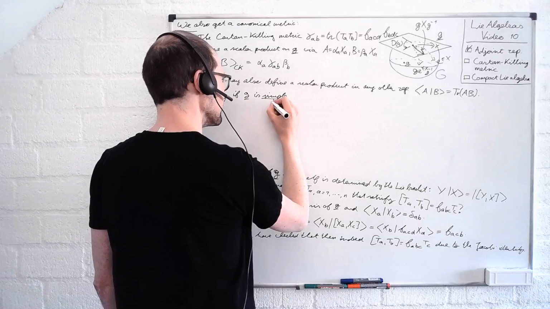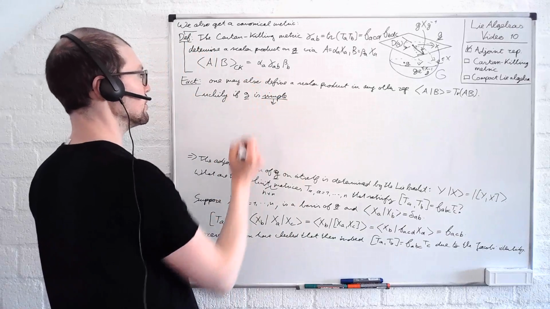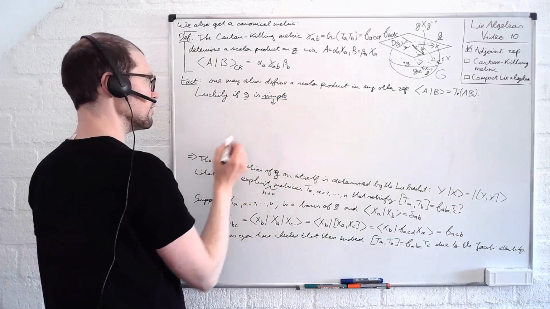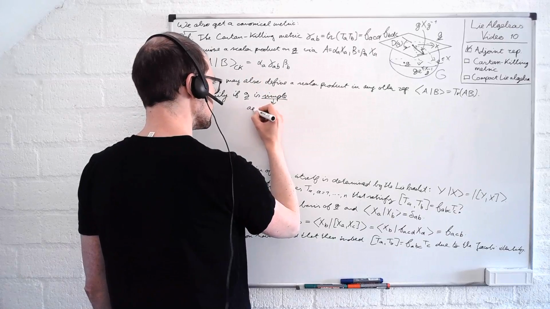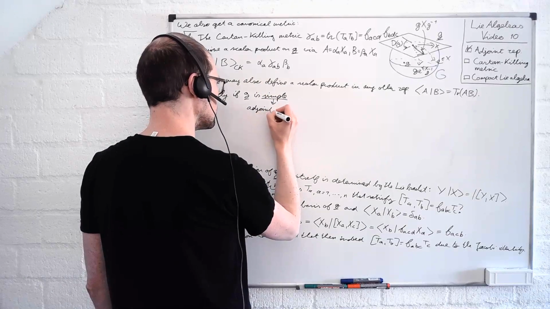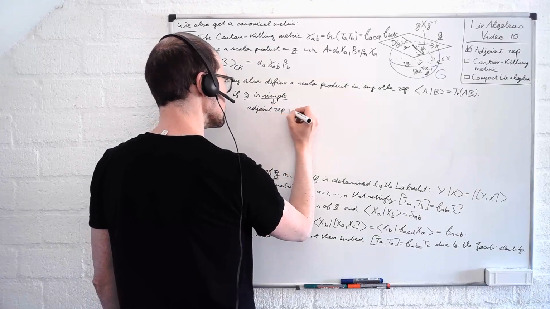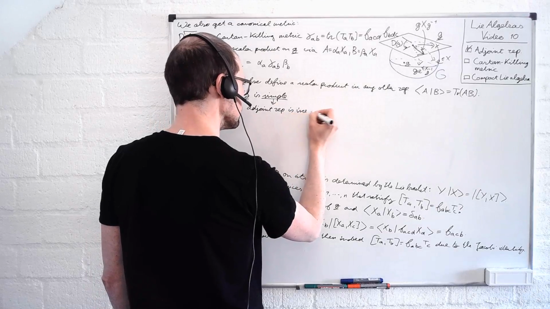Okay, maybe I'll just give you a definition now that you know the adjoint representation. A Lie algebra is simple if the adjoint representation is irreducible.